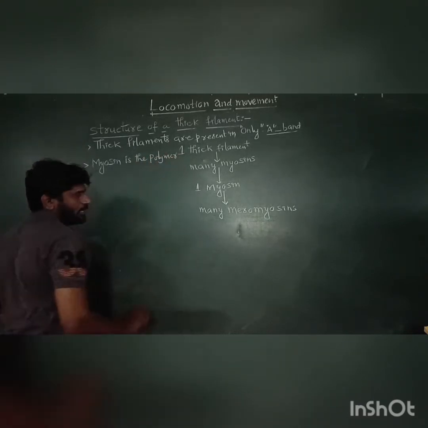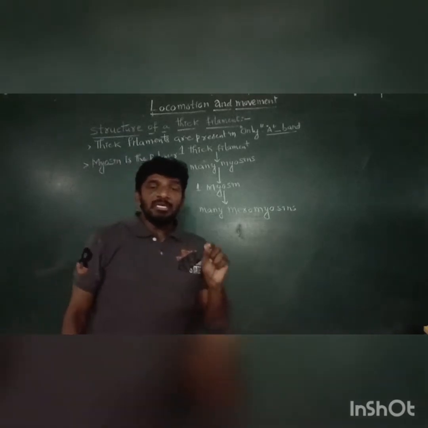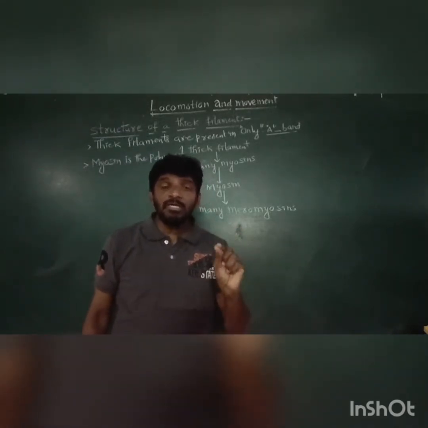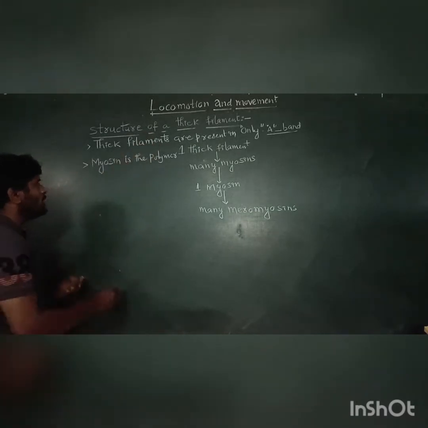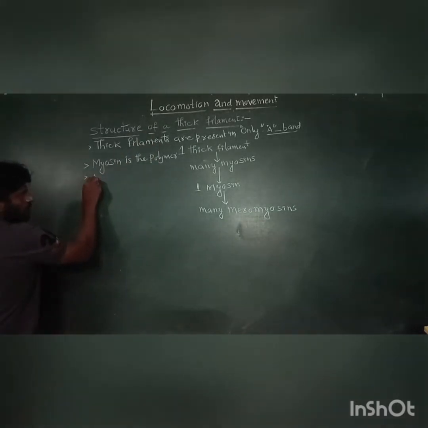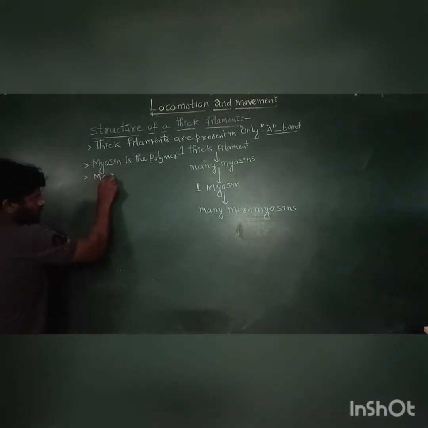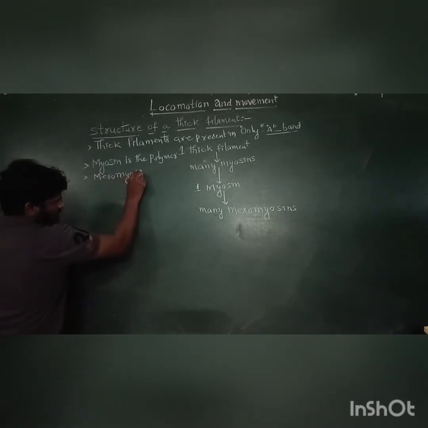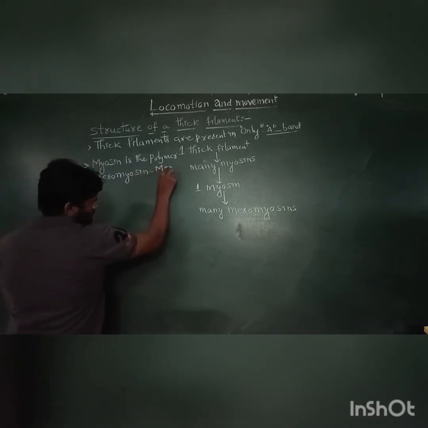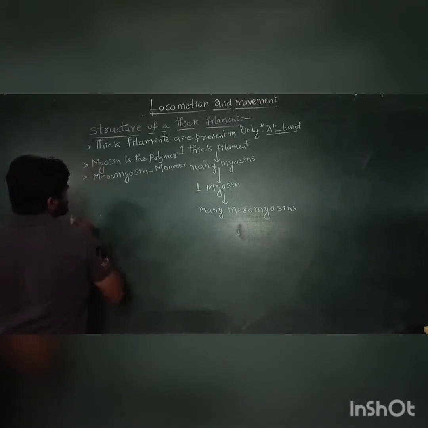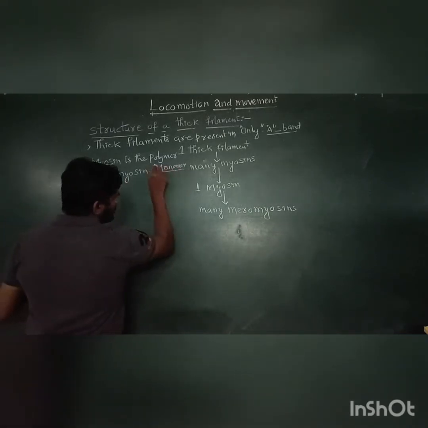Likewise, in a thin filament, G-actin is the monomer and F-actin is the polymer. In the thick filament, myosin is the polymer and meromyosin is the monomer. These are very important.